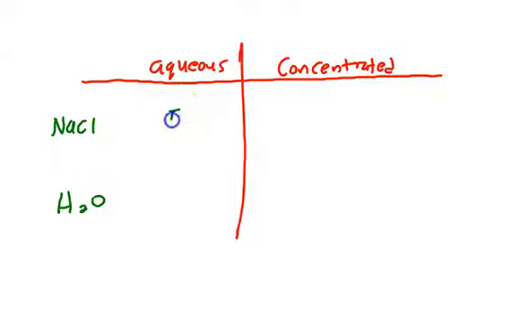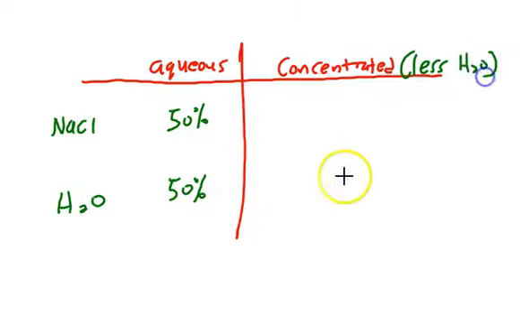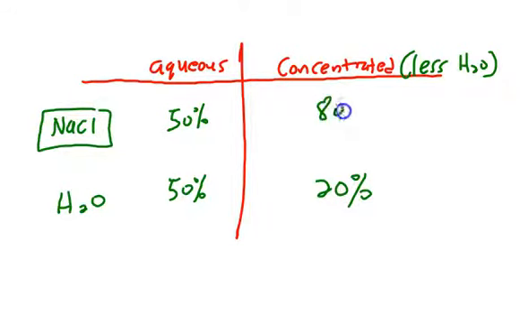For aqueous, you have both 50% and 50%. However, for concentrated, you will have less water, only about 20%, and the sodium chloride about 80%. So the chance of sodium chloride being discharged is much higher for concentrated.